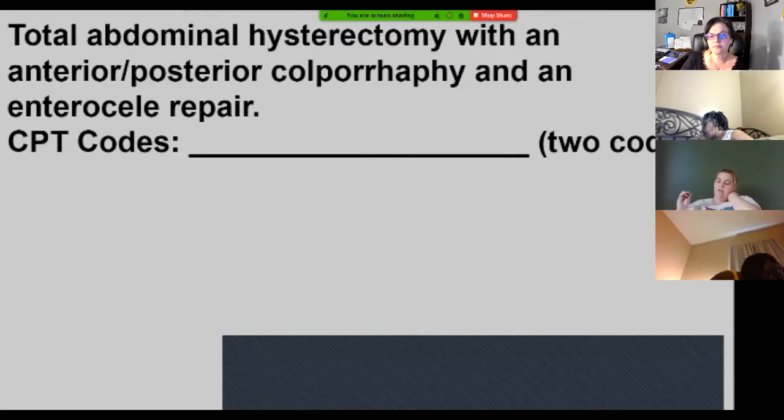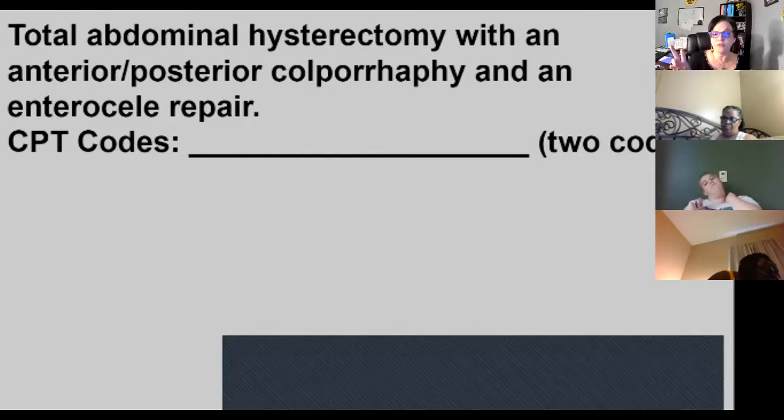So it wouldn't be three codes because of the repair. I'm going to give them time to find that colporrhaphy, and then I'm going to tell you why you don't need two codes, because the colporrhaphy, the enterocele repair, is included in the code. And it says it in the CPT manual. So who has my second code for me?